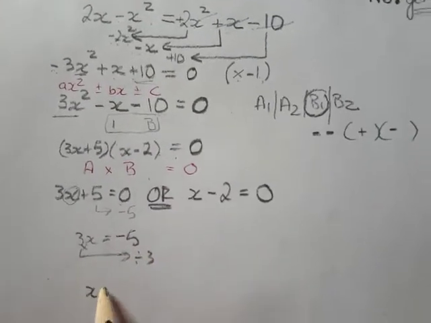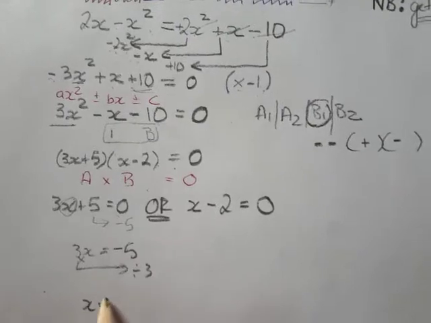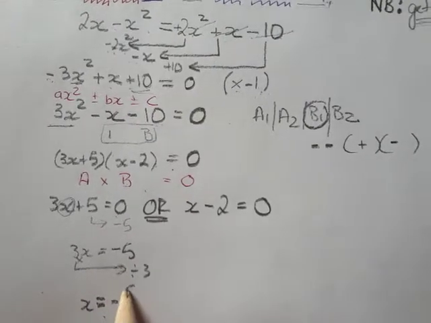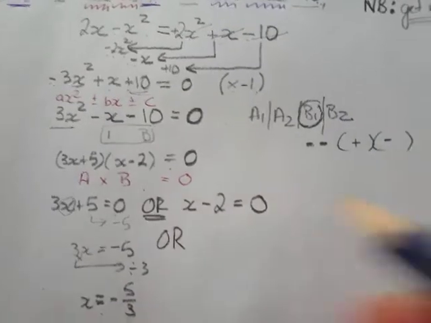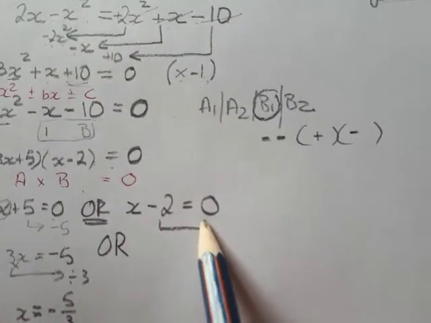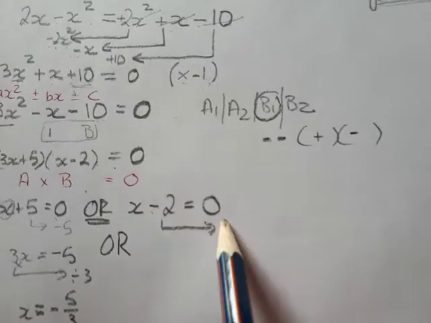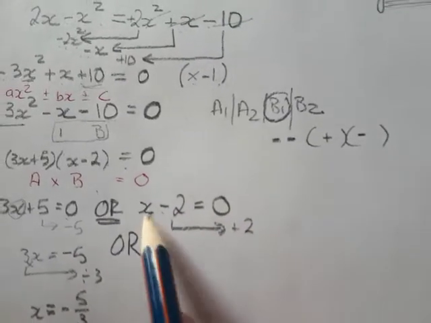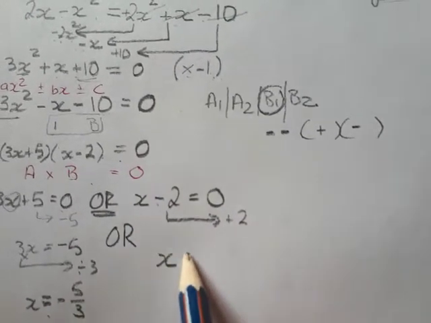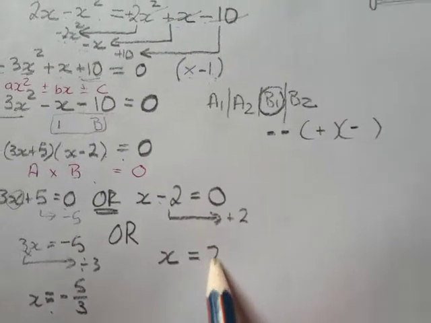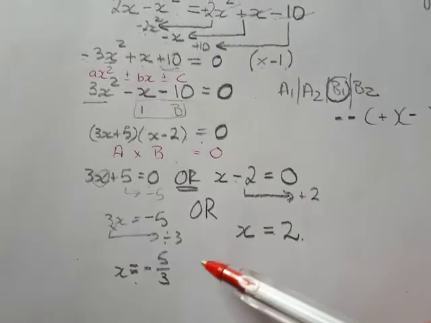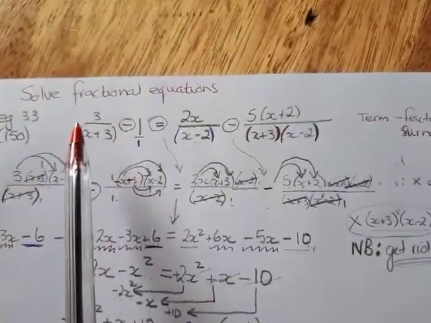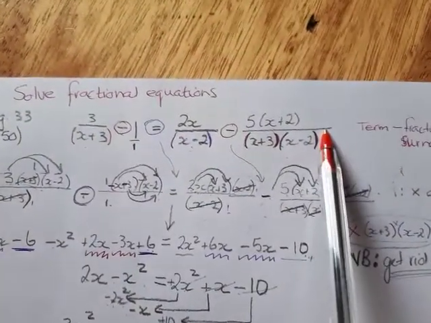So x becomes negative 5/3. Or, in this case, we need to take the 2 over. It is negative, it becomes positive. So then we've got x left over equals, on the right-hand side, 2. This gives me 2 possible answers, and I have now solved the fractional equation.